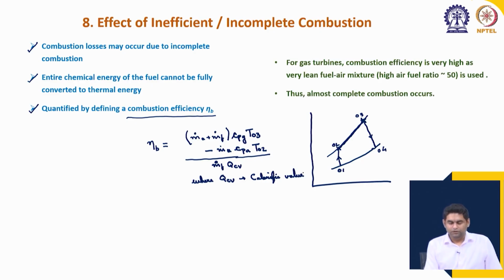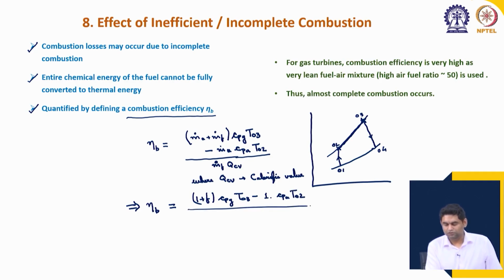Okay. So, this can be simplified by dividing both the top and the bottom by mass flow rate of air. So, this will be equal to (1 plus F) Cp of gas T03 minus 1 into Cp of air T02, divided by F into calorific value QCV.